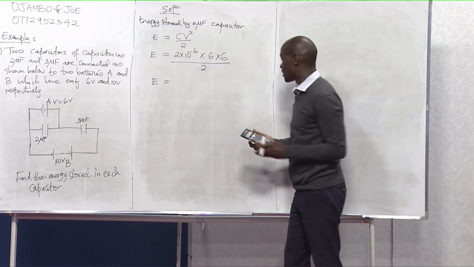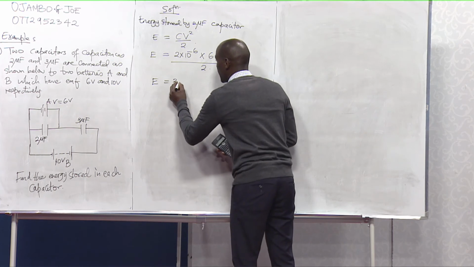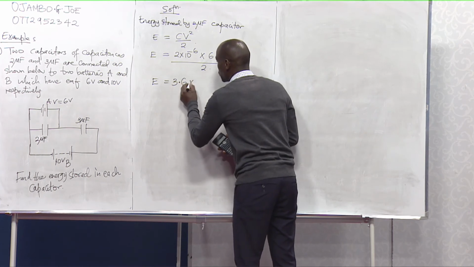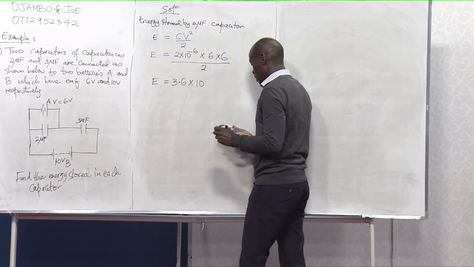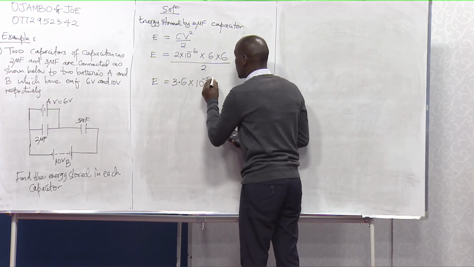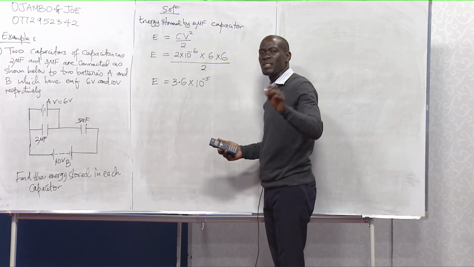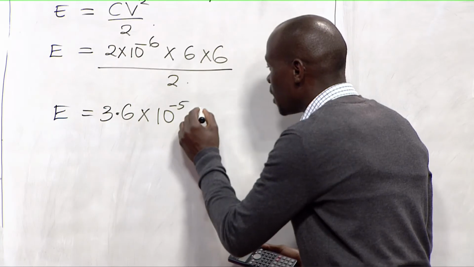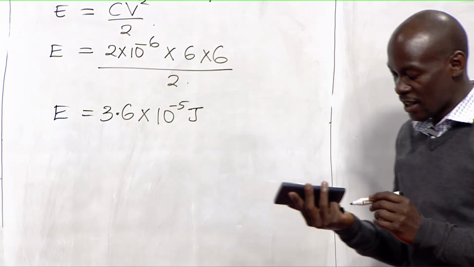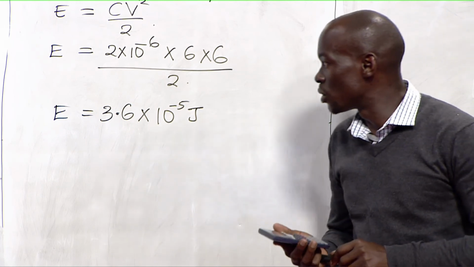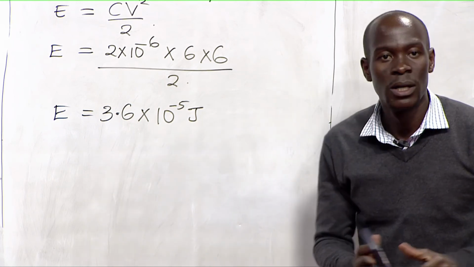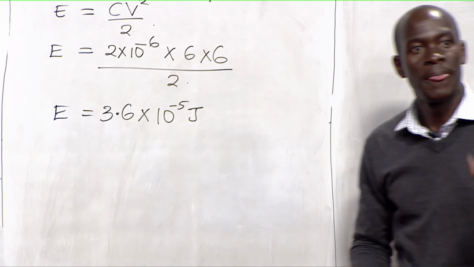Now, someone might ask, why does this man have to use a calculator? Yet this looks to be simple mathematics. My dear, don't take things for granted. It would be very disheartening to fail at this stage. We are talking about energy, and the SI unit for energy is what? Joules. So that is the energy stored by the 2 microfarad capacitor.